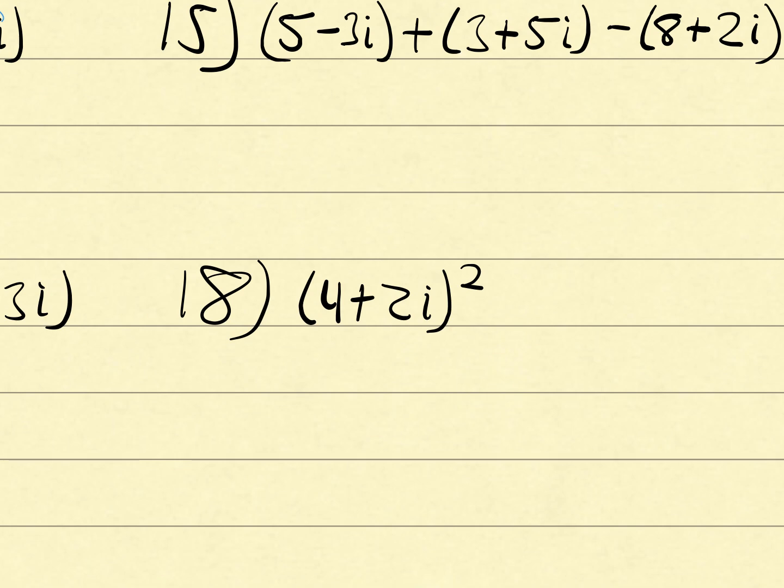Okay, let's write it twice and FOIL. I keep saying you cannot distribute the square and do 4 squared plus 2i squared. A lot of you still do that. You need to write it twice and FOIL it. So you get 4 plus 2i times 4 plus 2i.